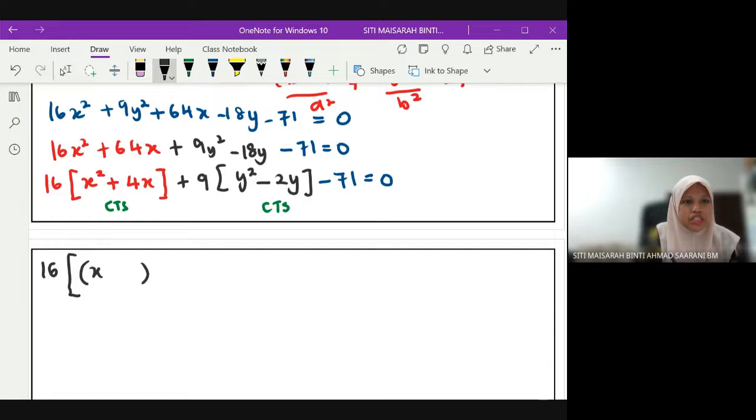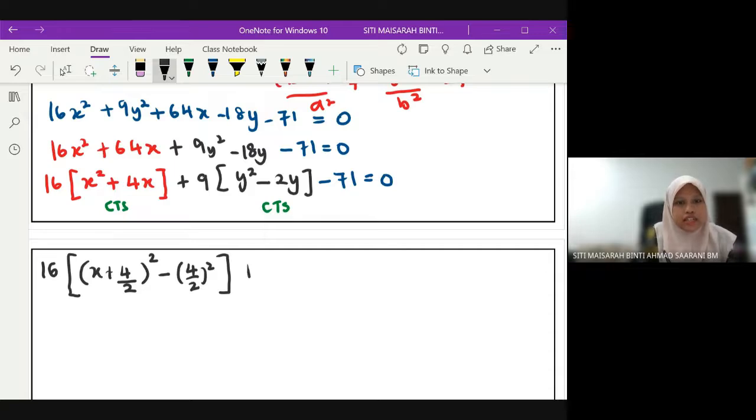Plus 4 means plus 4 but mesti divide by 2. Okay, so x, kalau x plus 4, sini akan jadi plus 4 over 2. Dia mesti ada over 2 kat sini ya. x plus 4 over 2 square minus benda yang sama lah 4/2 square. Close the bracket. And then untuk y pun samalah.